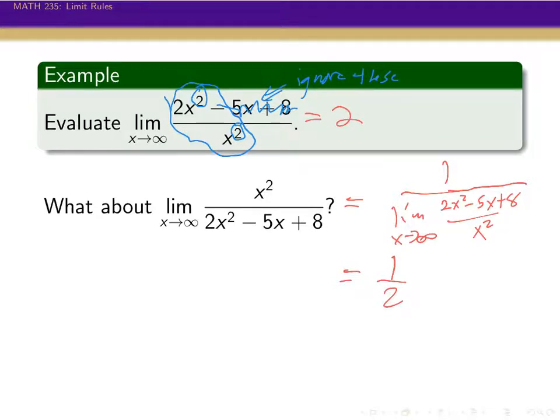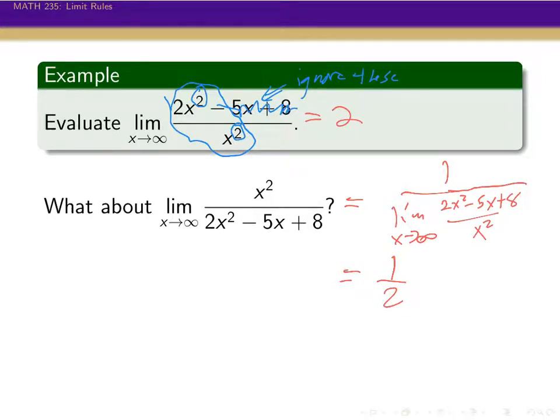So 5 times a googol, it's big, 5 with 100 zeros going behind it, but that's nothing compared to 2 with 200 zeros coming after it. So the 2x squared is dwarfing the 5x, and the 8 is always just staying like 8. So as x gets bigger and bigger and bigger, whatever the highest power of x is, that's going to dominate the rest of the numerator or denominator.